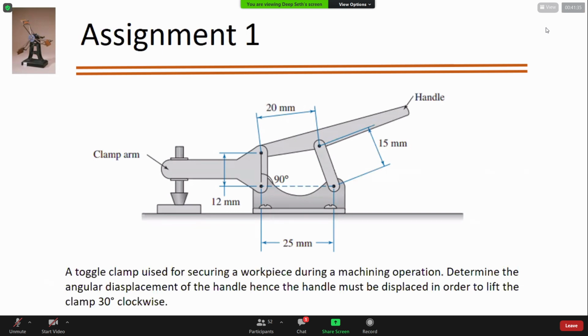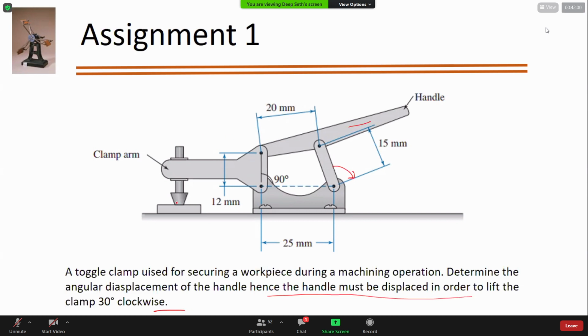There you can use this toggle clamp to hold the workpiece. Here we want to determine the angular displacement of the handle, how the handle will move, and hence the handle must be displaced in order to lift the clamp 30 degrees clockwise.